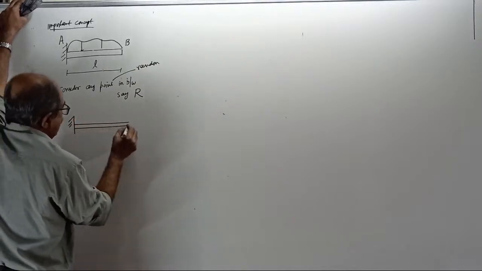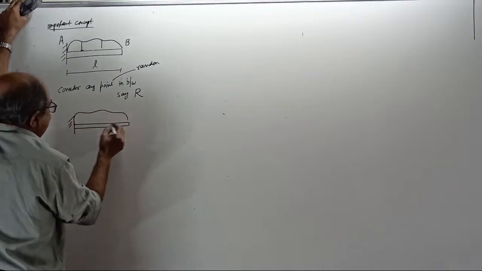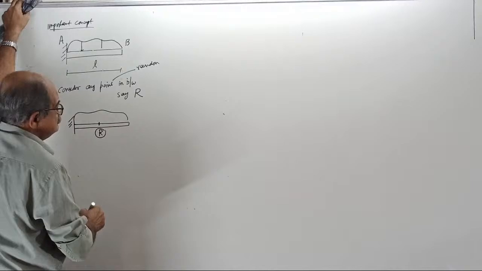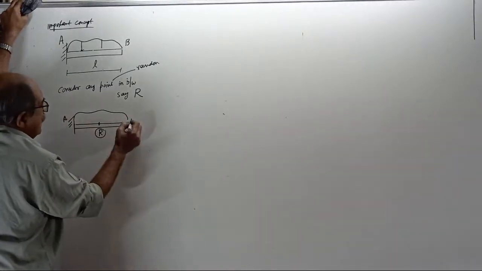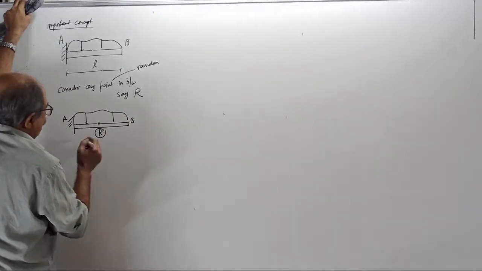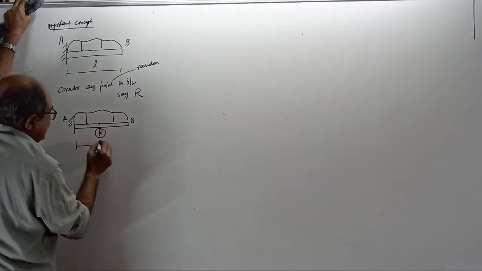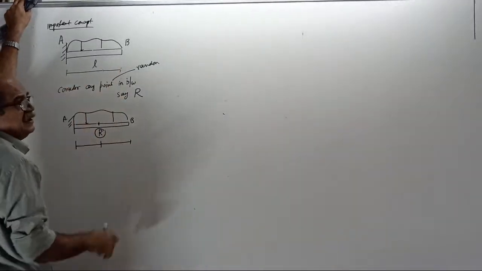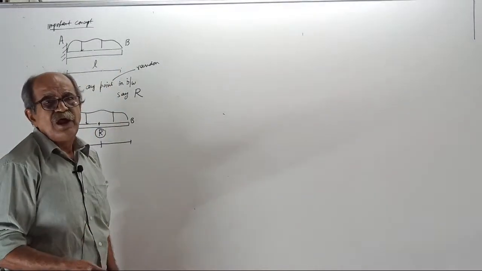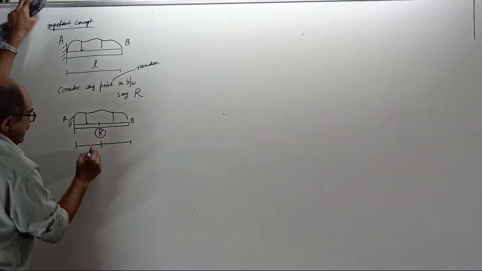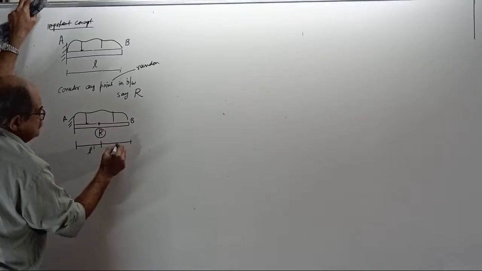This is a cantilever with some loading, and this is any random point R. Don't memorize left side, right side. From the fixed end there is some distance, from the free end some distance, and the total is L. I will call these L dash and L double dash.